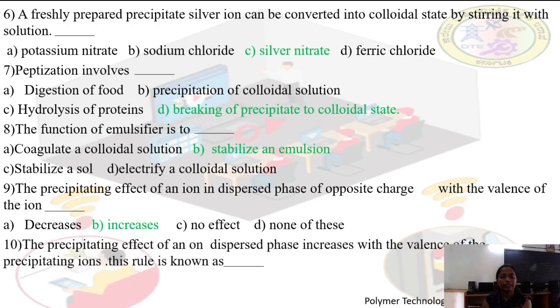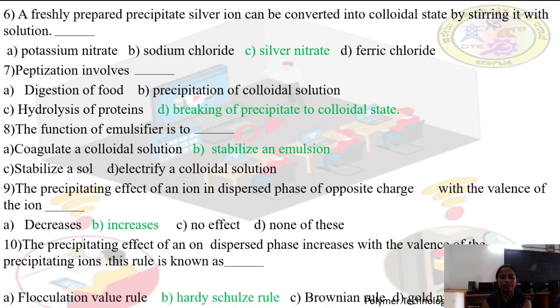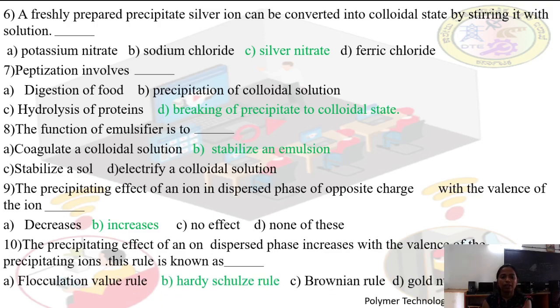The precipitating effect of an ion on the dispersed phase increases with the valence of the precipitating ion. This rule is known as: flocculation value rule, Hardy-Schulze rule, Brownian rule, or gold number rule. This rule is called the Hardy-Schulze rule.